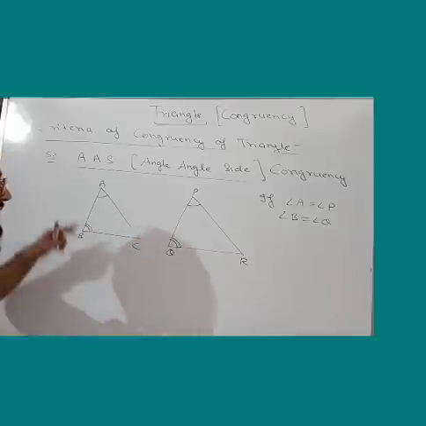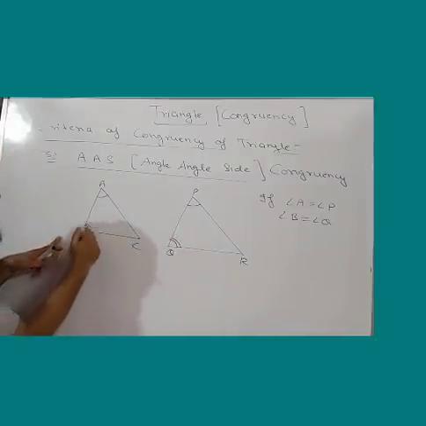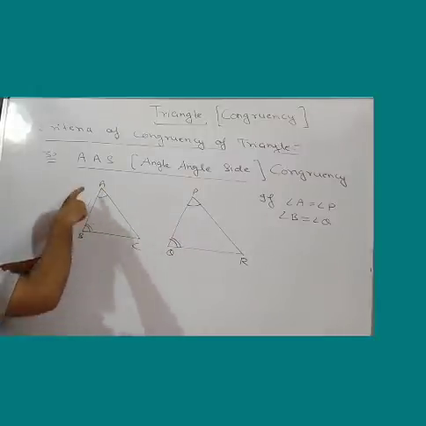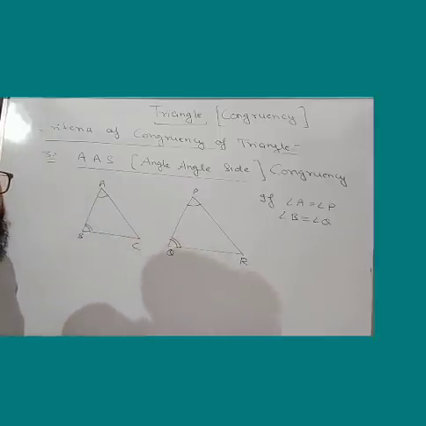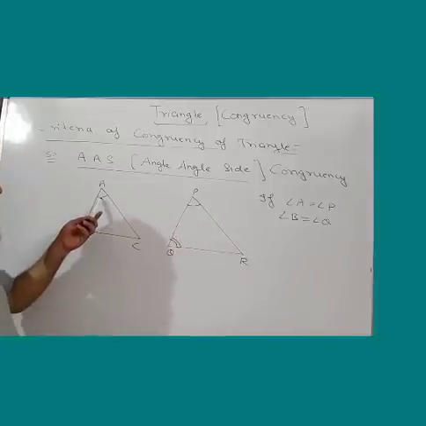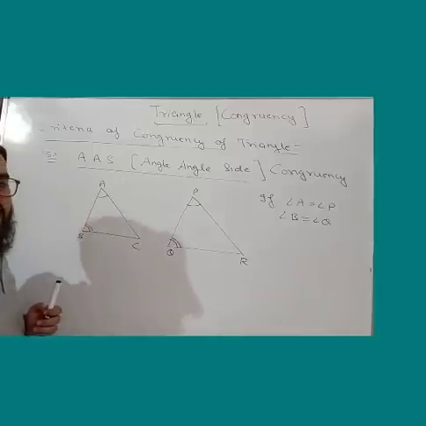Whatever angles we have been given, angle A and angle B, the side next to these angles may be AC or BC. It will not be AB. The included side should not be there. The side will always be the next side of the angle. That means side BC can be taken or side AC can be taken.